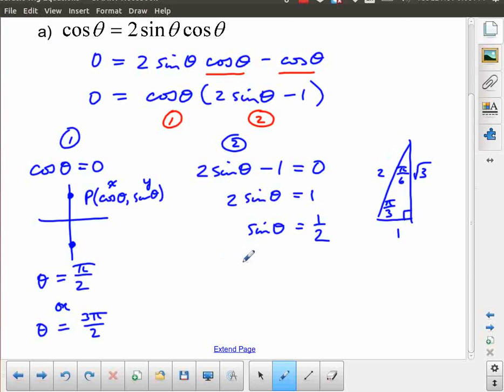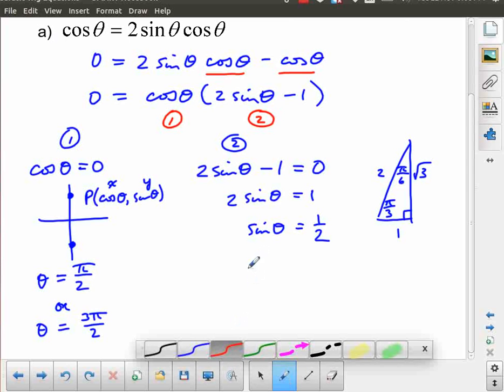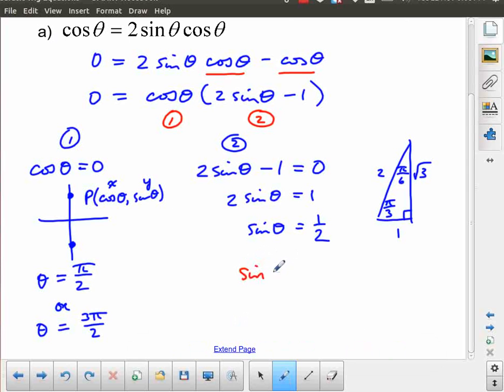So the way I'm going to do this, I'm going to do it the same way I did our other problems like this. First, I'm going to find the related acute angle. Since this is positive already, that's fine, but the related acute angle in this case is pi by 6. And then I'm going to apply the CAST rule.